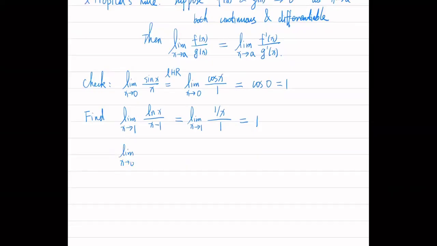Limit as x goes to 0. We did this before. Cosine x minus 1 over x. Okay, do this in your notebook. So how to find this limit? Let's try.